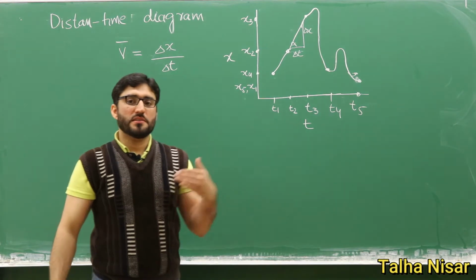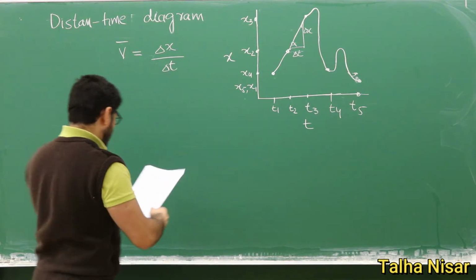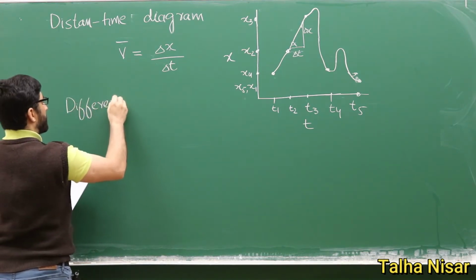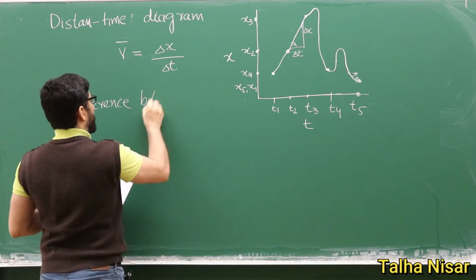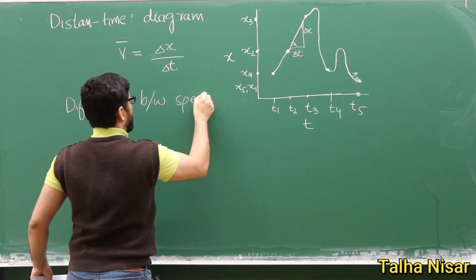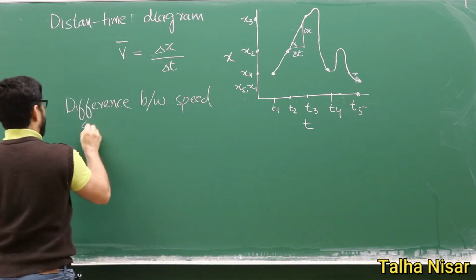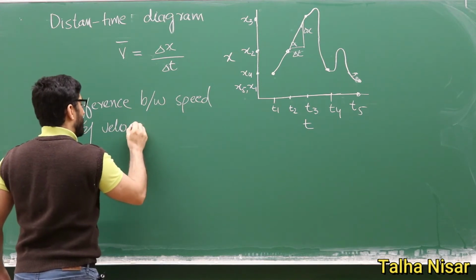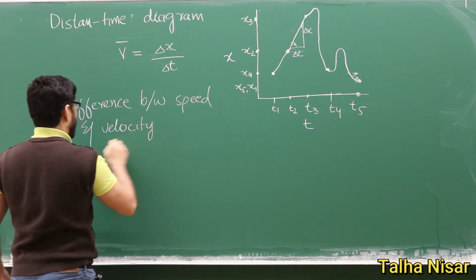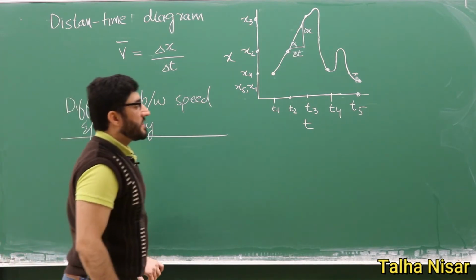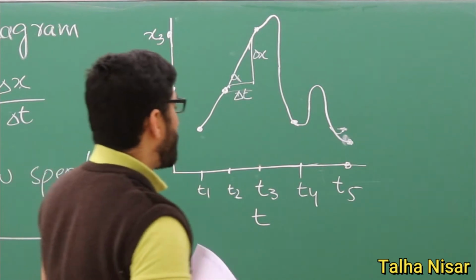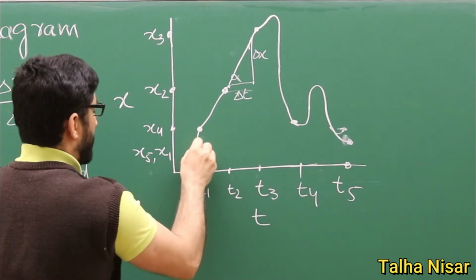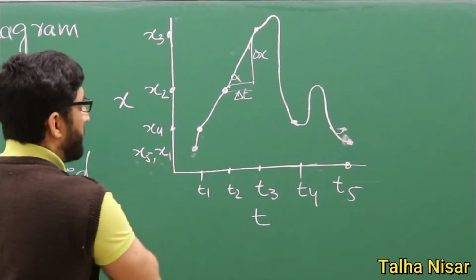And now we discuss the difference between speed and velocity. If you look at this example, if we draw the motion of this object, it started from x, where x1 and x5 are 0.